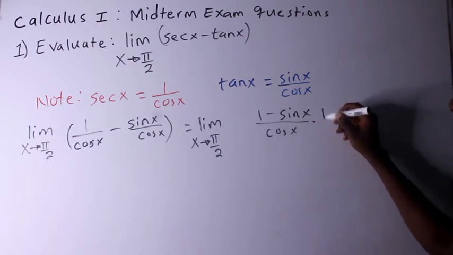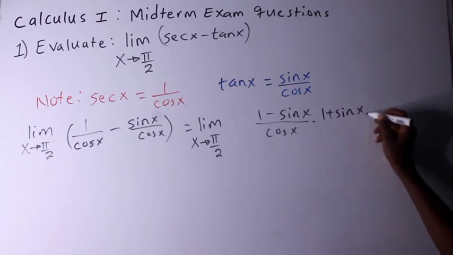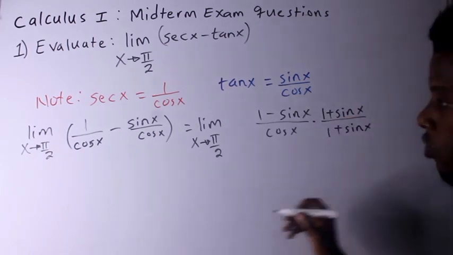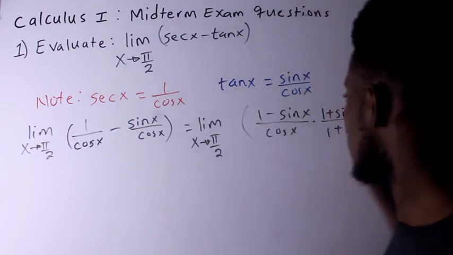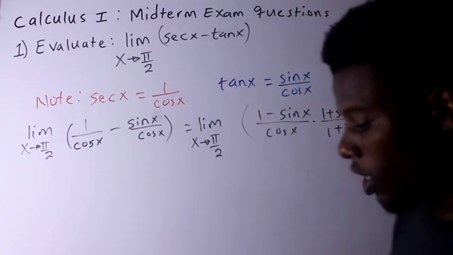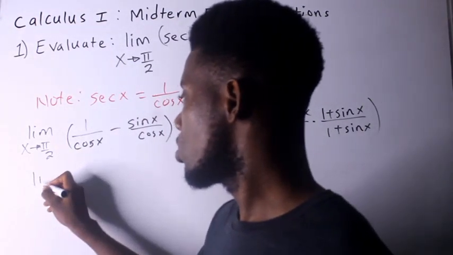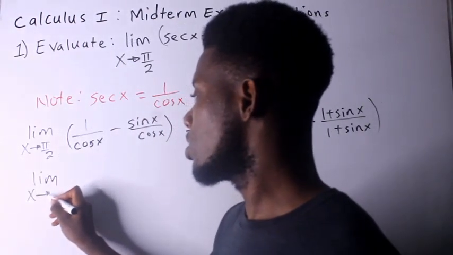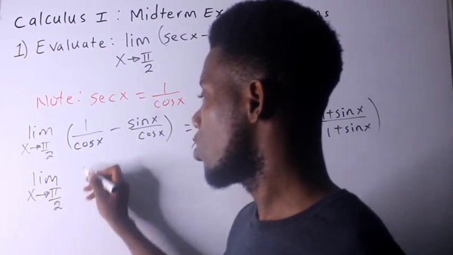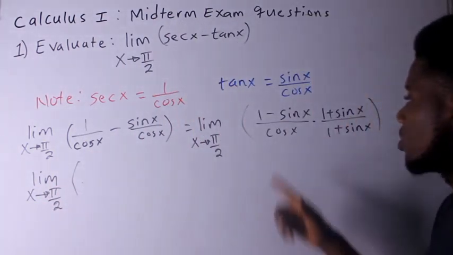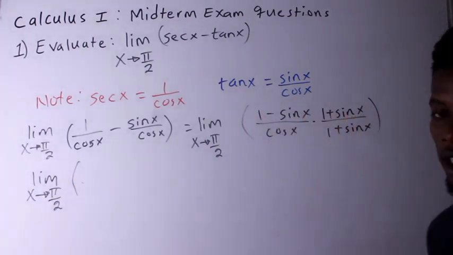Multiply this by 1 plus sine x and divide by 1 plus sine x. So the entire thing is in parentheses, remember. We have the limit as x approaches pi by 2 of, so we multiply this, 1 minus sine x times 1 plus sine x.